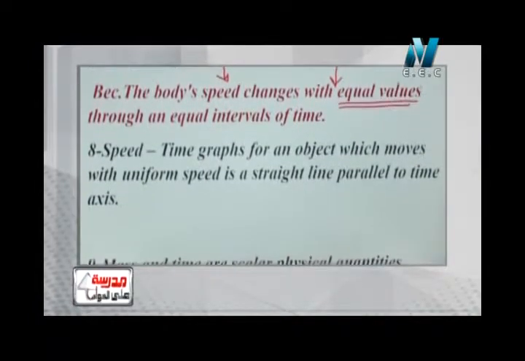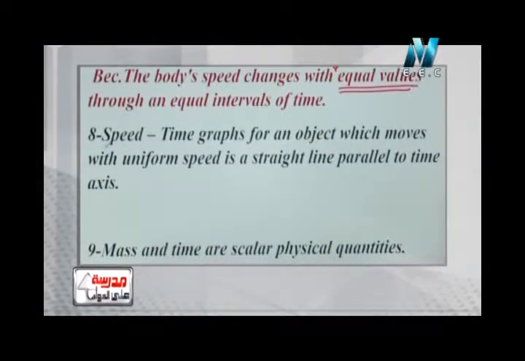Number 8, speed time graphs. Pay attention, what did it say? Speed time graphs. We have here speed time graphs, for an object which moves with uniform speed is a straight line parallel to the time axis.